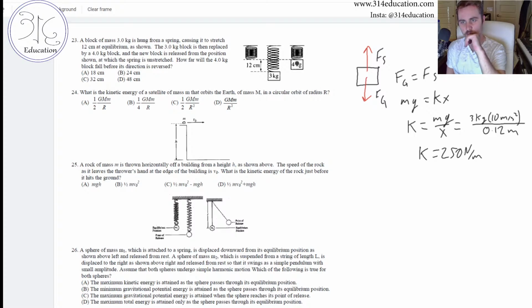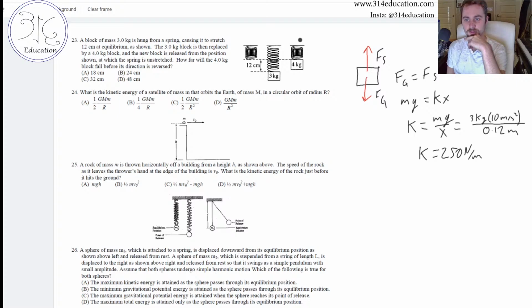So where's our equilibrium point? We're going to go past this. If the spring is unstretched, how far will it fall before it's reset? So that's going to be at the case when we have a maximum.